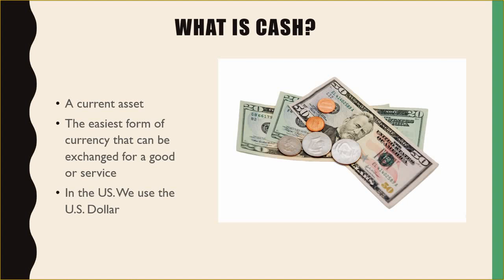Let's talk about the first one, which is cash. As we know, cash is the easiest and simplest form of transferring and trading to buy some goods and some services, right? In the United States, of course, we use the US dollar.